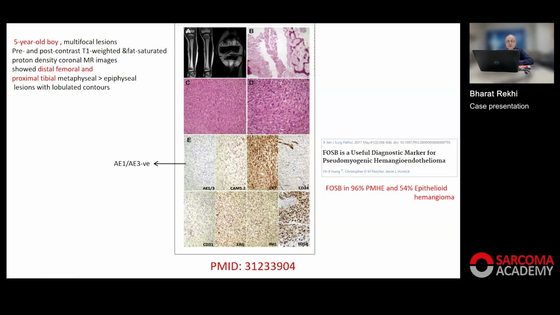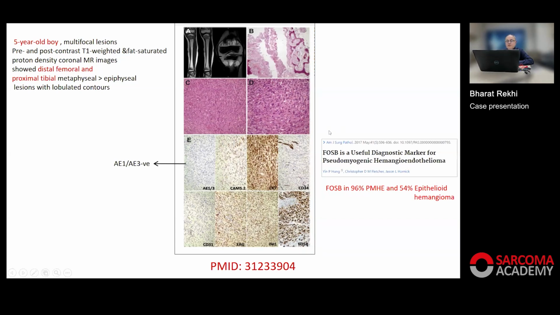So this just goes to show that even though the vast majority of these tumors show epithelial markers like A1, A3, some of them can be less positive and variably positive. So we go further with certain other keratins to test the epithelial differentiation. And of course, you have the vascular markers like ERG, which is diffusely positive in most cases.